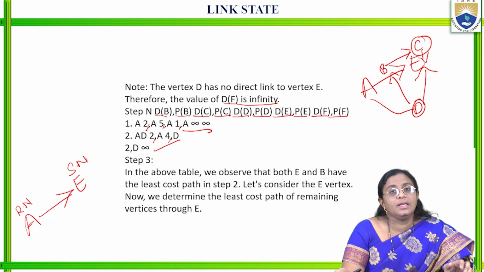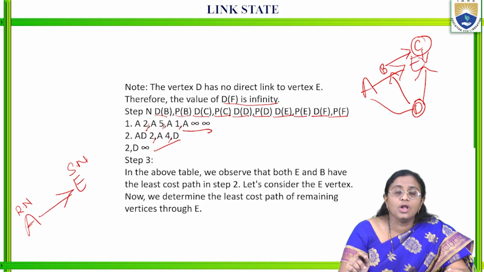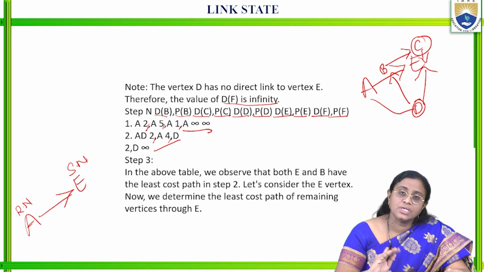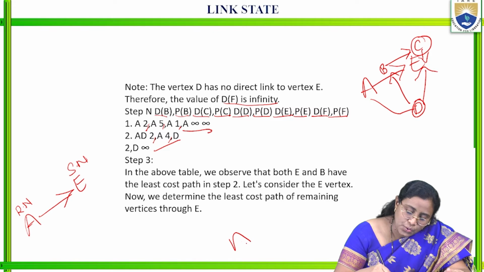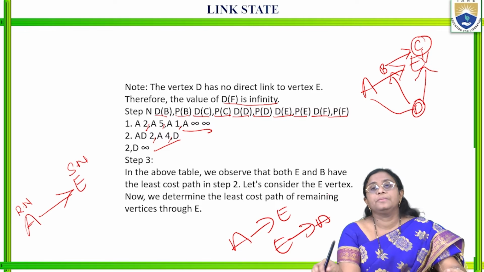Now, we can determine the least cost path of the remaining vertices through the root node A, from A to E and from starting to ending or from ending to starting. From A to E, or from E to A, we need to calculate in a proposed way.